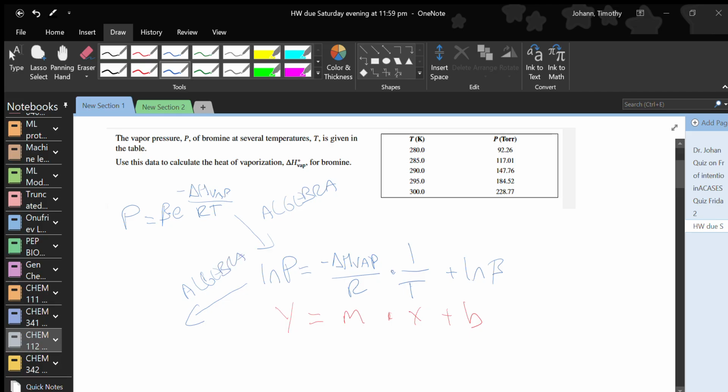Really, we subtract this equation under one set of conditions from another equation under a different set of conditions.